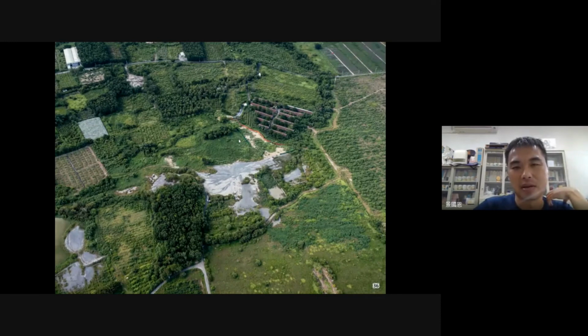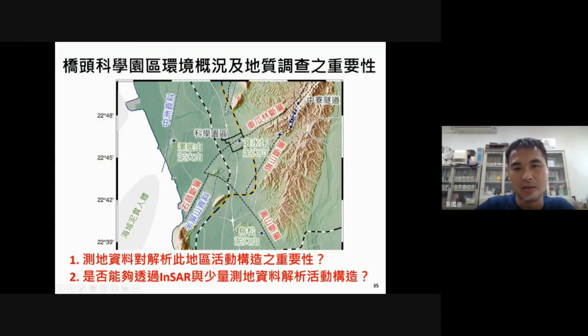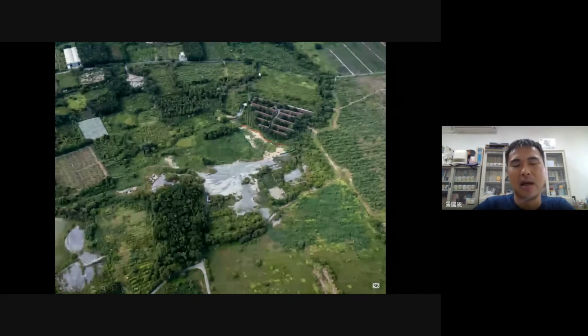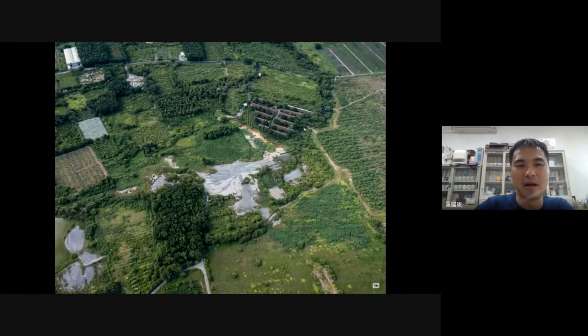Just because if we go to these fields, we will see this is the mud volcano, over here. And then we will see that all of the area, maybe not all, more than 90% of the area, is farmland in this region.